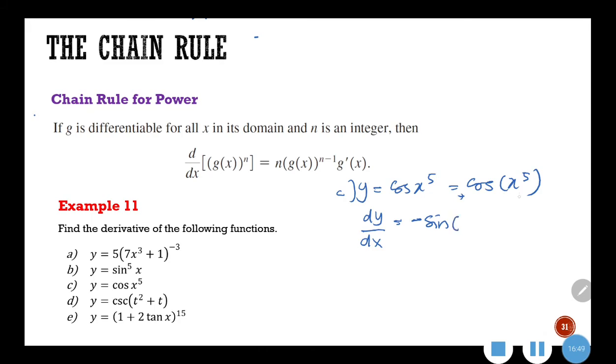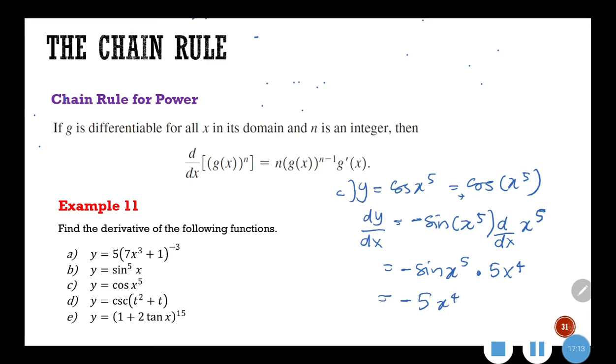Copy whatever inside you have here. So negative sin x power of 5 and differentiate d dx of x power of 5. So here you have negative sin x power of 5, differentiate x power of 5, you get 5x power of 4. Or here maksudnya negative 5x power of 4 sin x to power of 5. Alright, so B and C, make sure you are able to see the difference.